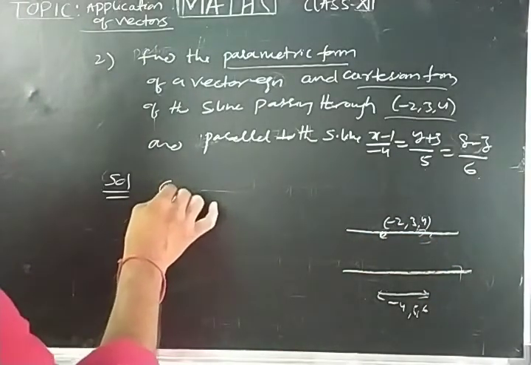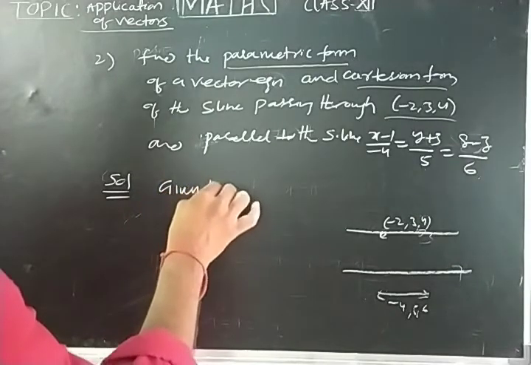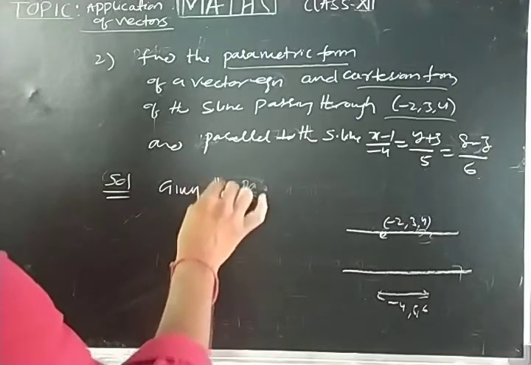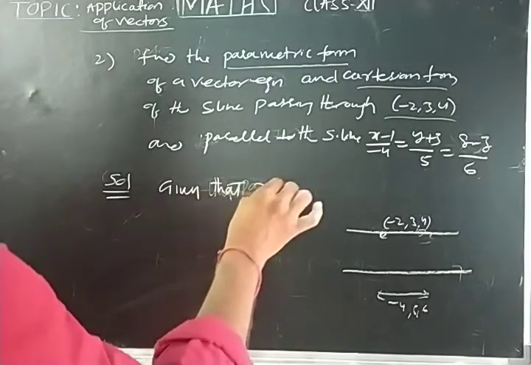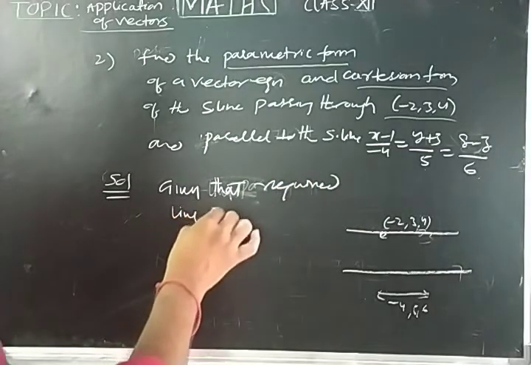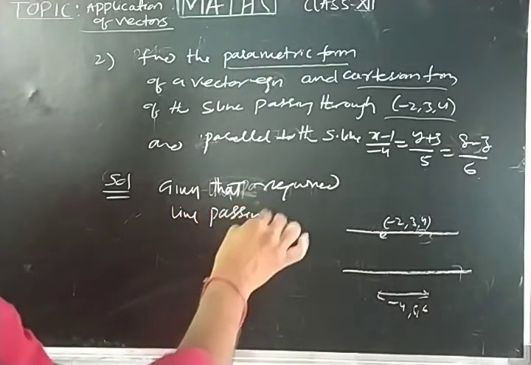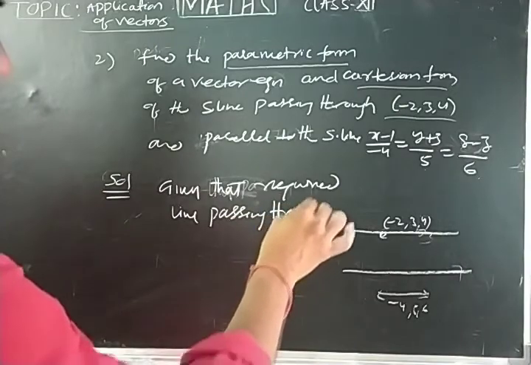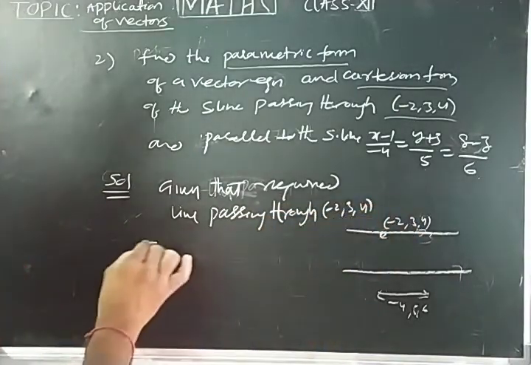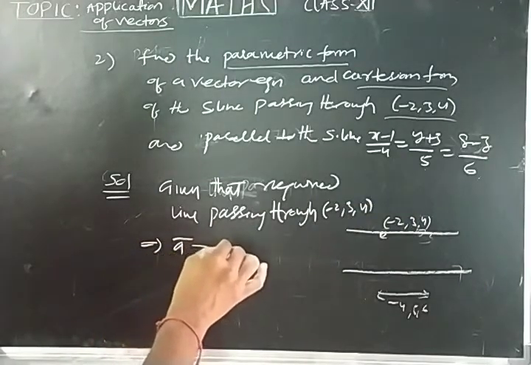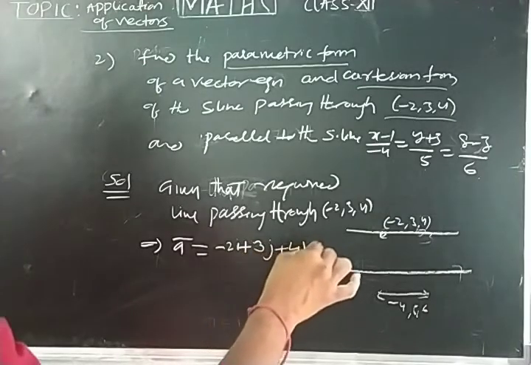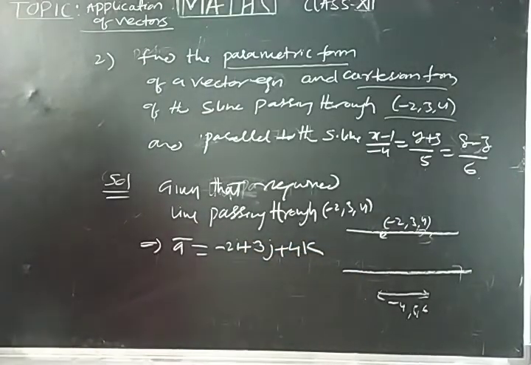So given that the required line is passing through minus 2, 3, 4, that implies a bar equal to minus 2i plus 3j plus 4k, right?